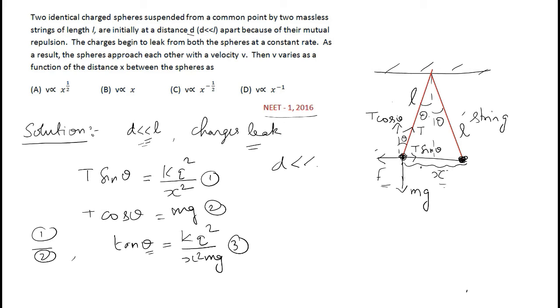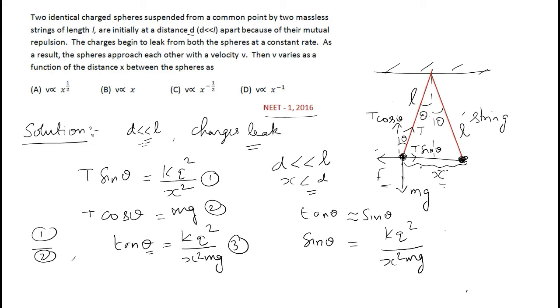d is very much less than L, but x is actually less than d. Therefore, we can even say x is very much less than L. In that case, you can replace tan theta with sin theta. Therefore, sin theta is k q squared by x squared mg.